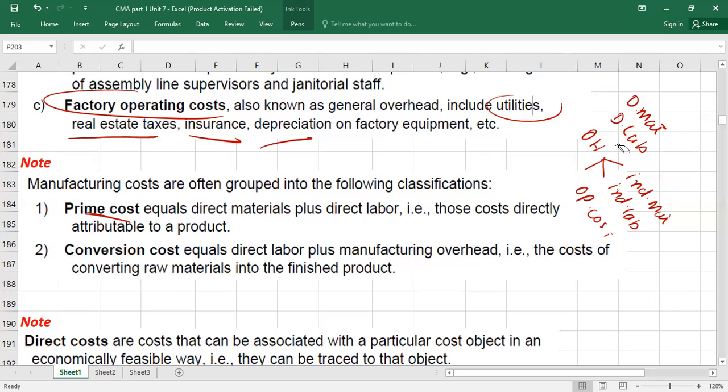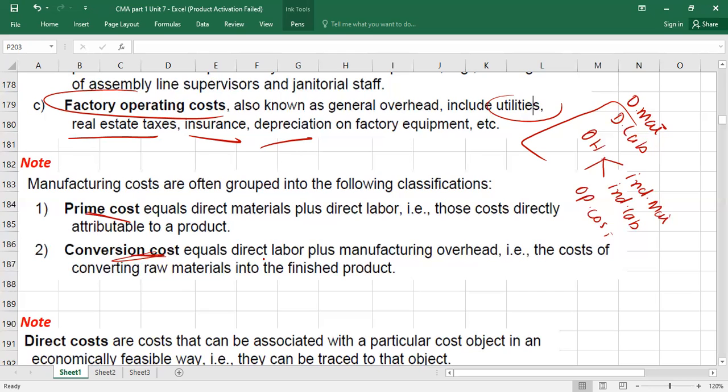And here focus with me. Can you see which two costs I have highlighted? Labor cost and overhead. If I add these two costs, this is called which cost? Conversion cost. Because conversion cost means the cost you incur to convert the material into finished goods. And obviously you will incur labor and overhead to convert the material into finished goods.